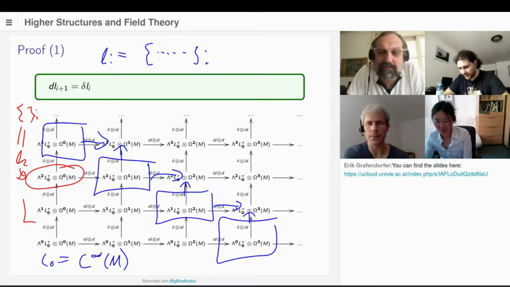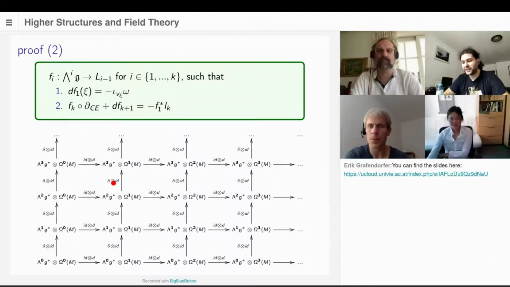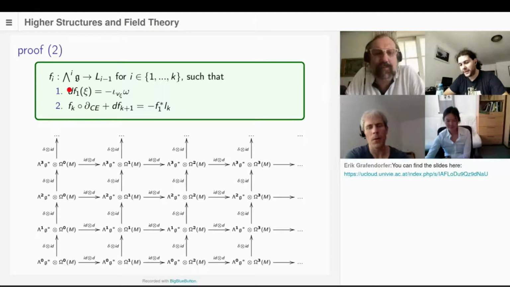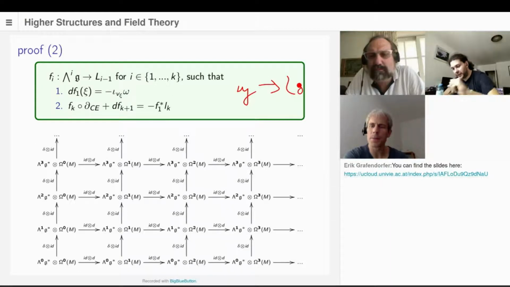Okay. So this not double complex, however, does become a double complex if we just pull back along any map from G to L0 that lifts the infinitesimal action. So instead of looking at the map LK, we just look at the map F1 star of LK.